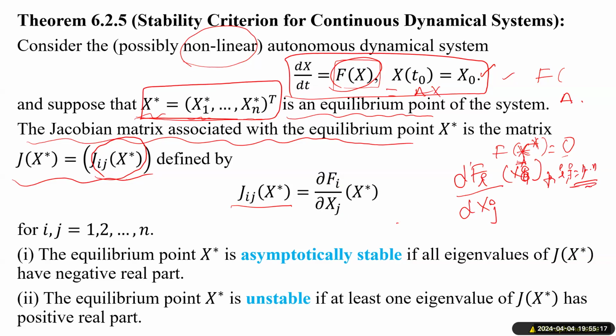So when we construct this Jacobian matrix, you can call that matrix A as usual.